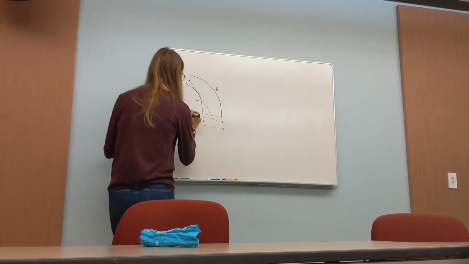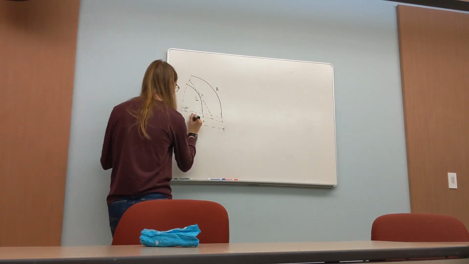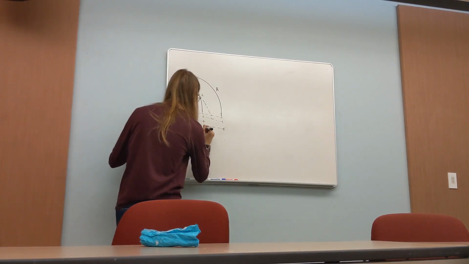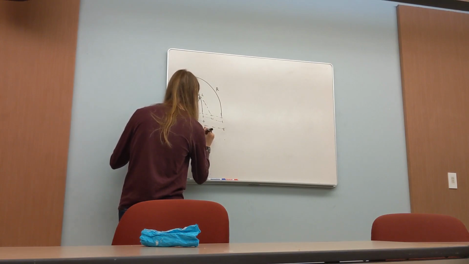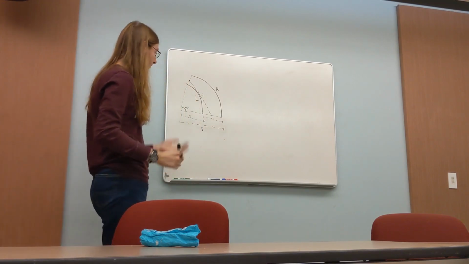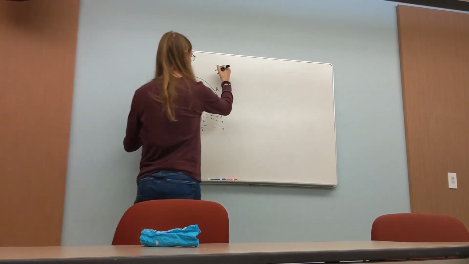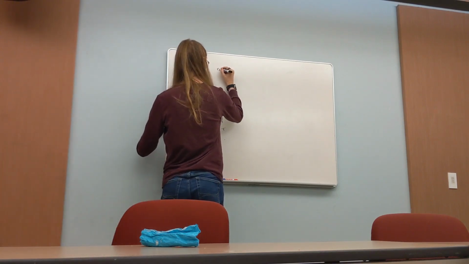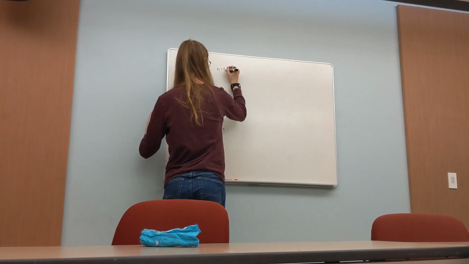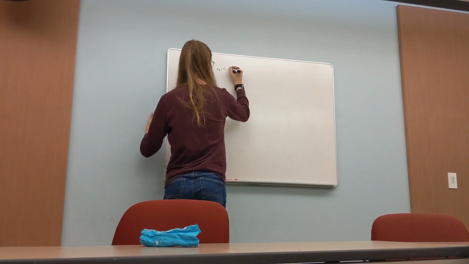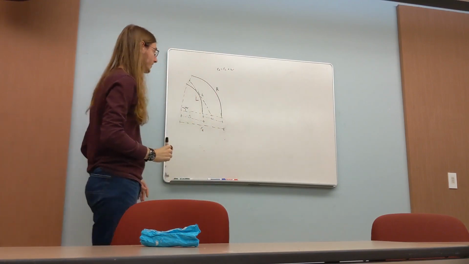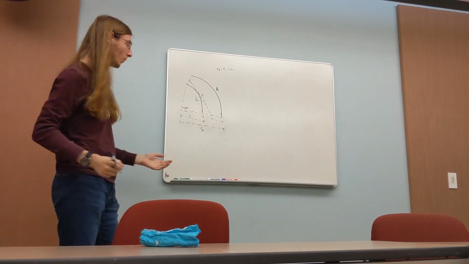So I'm going to just call this little r L. This is going to be little r R. Because they're the two radii of our arcs, and if you notice, our r R equals our r L plus W. Okay, so that's one equation.